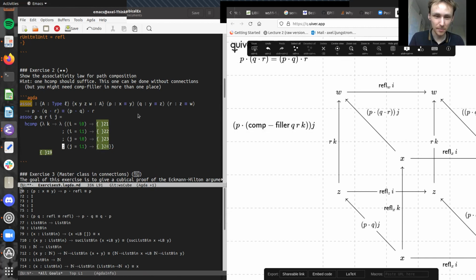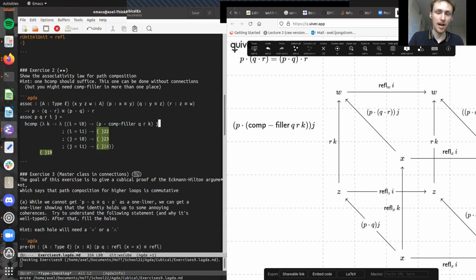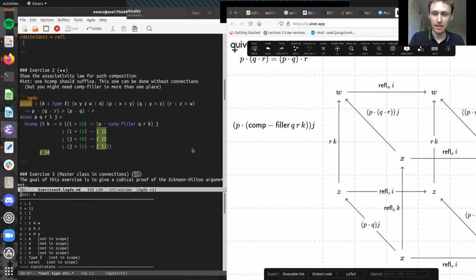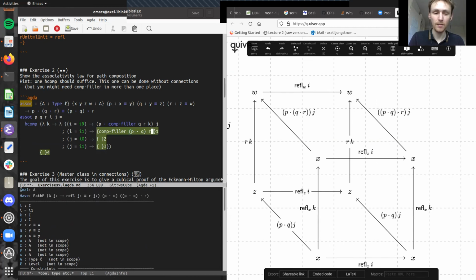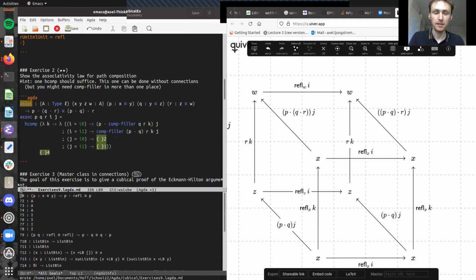So I said that was just comp filler, P composed with comp filler Q R K J. Aha! Wow, it works. And the right-hand side here was just the usual comp filler of P composed with Q and R and K J.